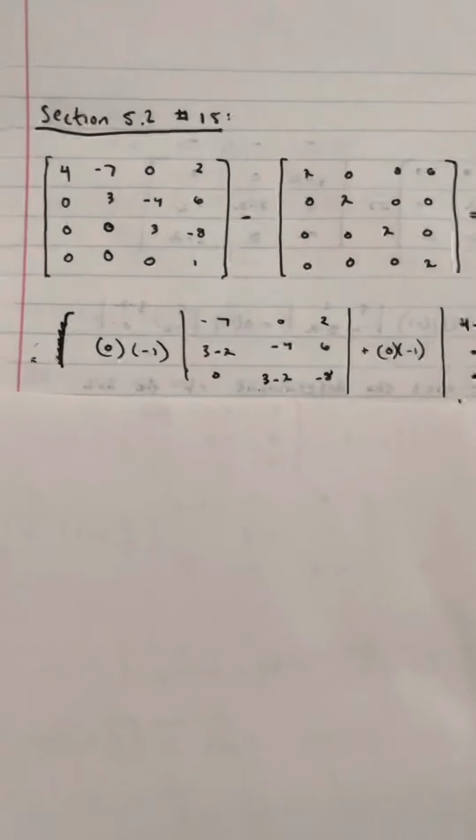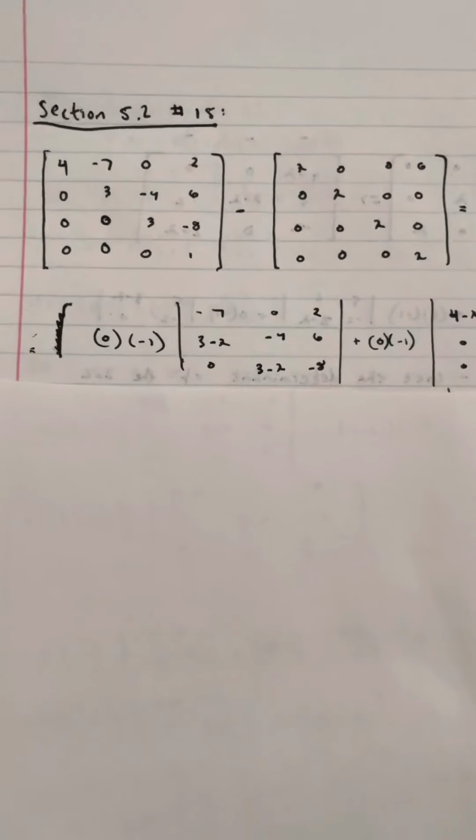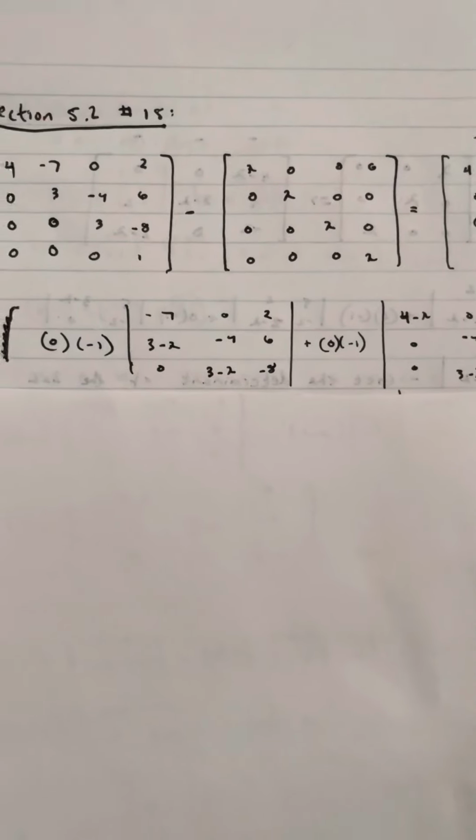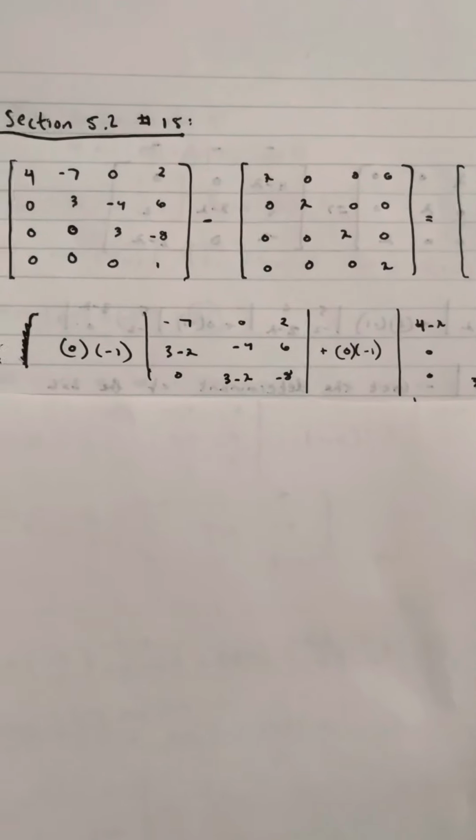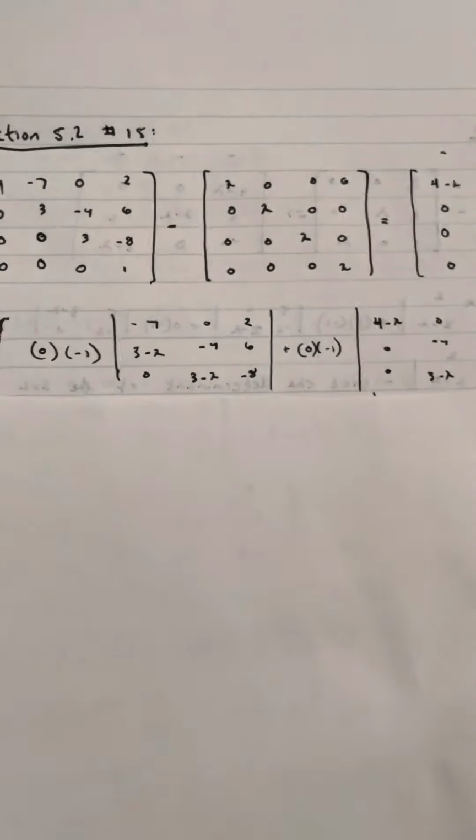So for the first, we have 0 times -1 times the 3x3 matrix of -7, 0, 2; 3 minus eigen, -4, 6; 0, 3 minus eigen, and -8. That is added to 0 times -1 times the 3x3 matrix of 4 minus eigen, 0, 2; 0, -4, 6; 0, 3 minus eigen, and -8.